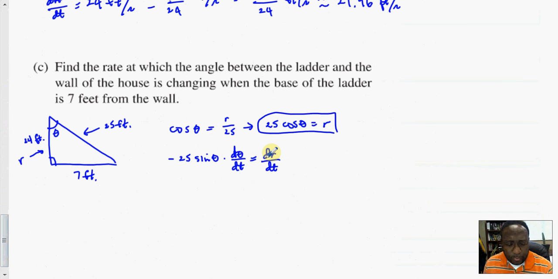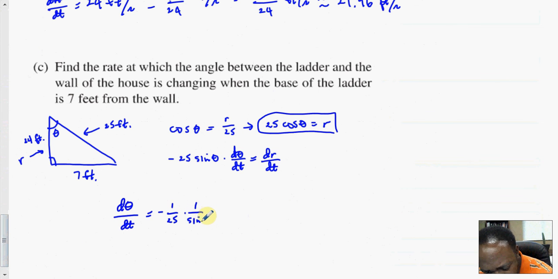We're solving for this change in theta. This is the d theta over dt. So d theta over dt is equal to negative 1 over 25 times 1 over the sine theta times the dr over dt.